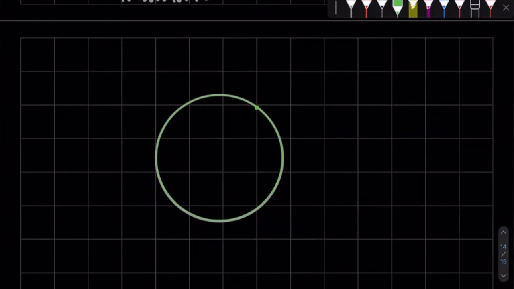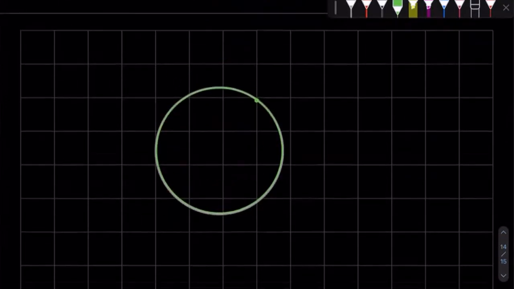No, right? But if you say go in this direction and then come back over here, then that can be shrunk to a point, right?